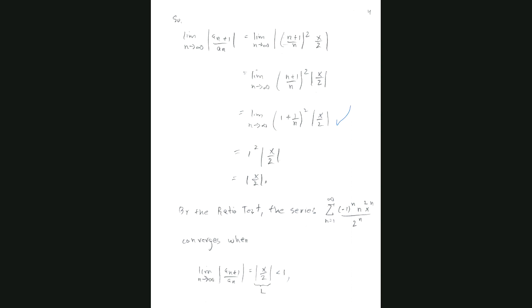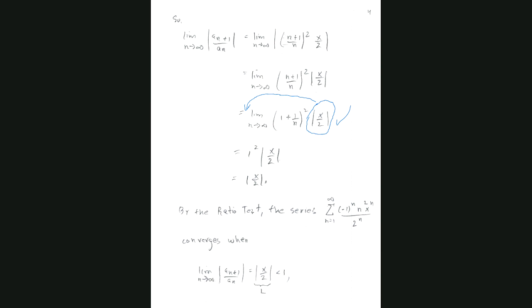Well, the absolute value of x over 2, does that depend on n at all? No, it doesn't. That's right, John. Good. So we can just leave it there, or you can actually bring it out in front of the limit if you want.